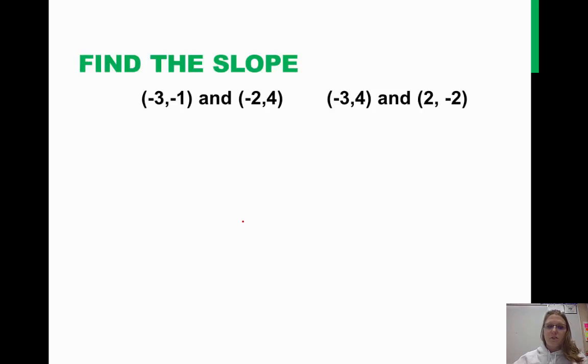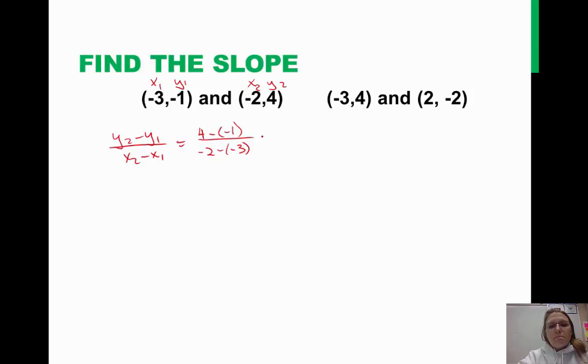Alright, so now we're going to find the slope between these 2 points. So I have -3, -1, so this is my x1, y1. This is my x2, y2. So if I take y2 minus y1 over x2 minus x1, I get 4 minus a minus 1 over -2 minus a minus 3.